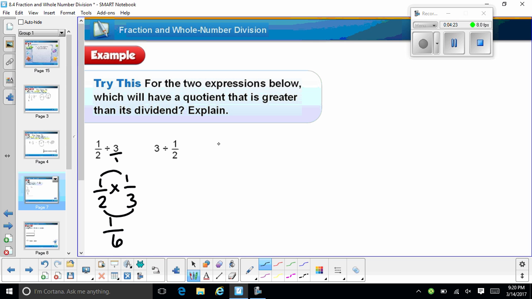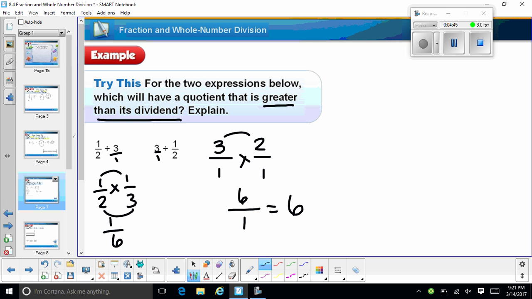Let's solve this one. I'm going to keep, change, flip. 3 times 2 is 6. 1 times 1 is 1. So this equals 6. In this particular problem, I want to figure out which one is greater than the dividend. And so in this case, 3 is my dividend.